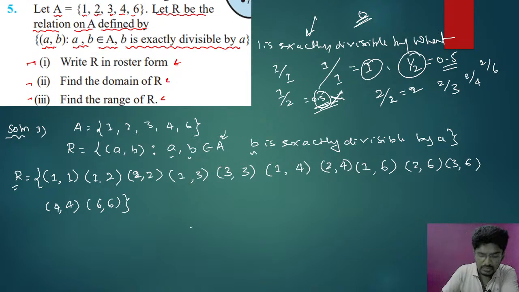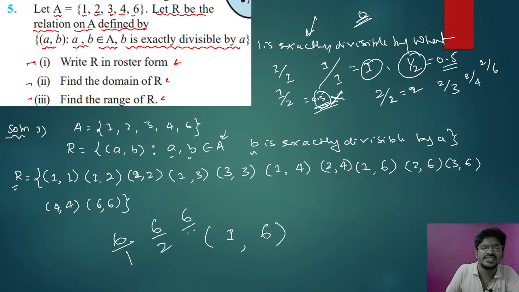Clear? That means if you want to write the ordered pair, the b element, if I take 6, has to be exactly divisible by the first element. I know that 6 is divisible by 1, 6 is divisible by 2, 6 is divisible by 3. No other elements divide it.